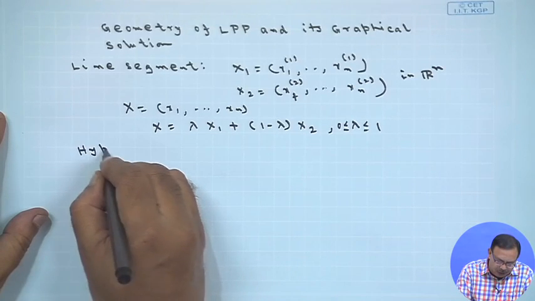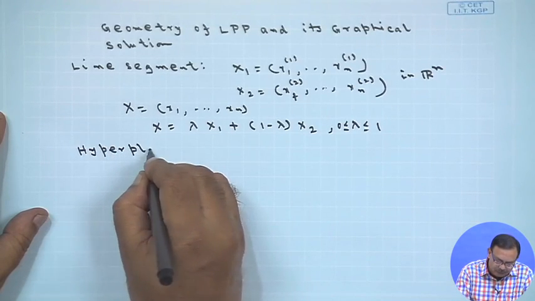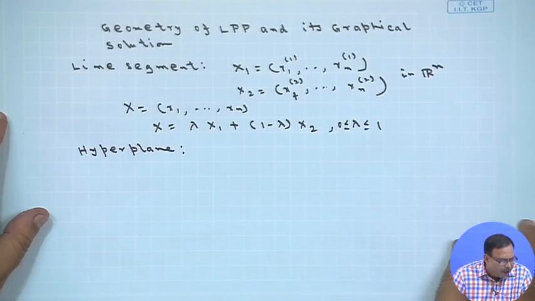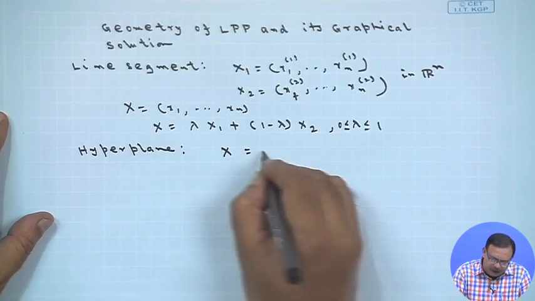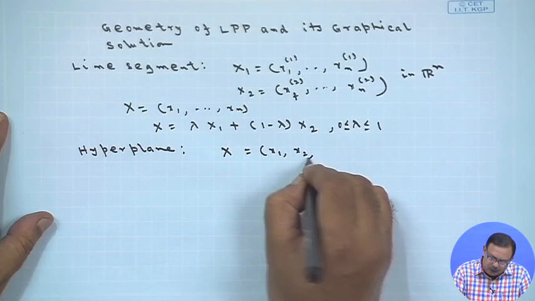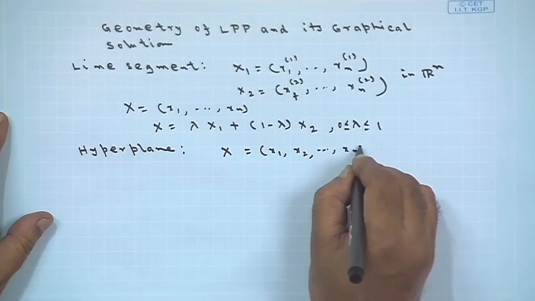Next one is hyperplane. You have a point x which is nothing but (x 1, x 2, up to x n).